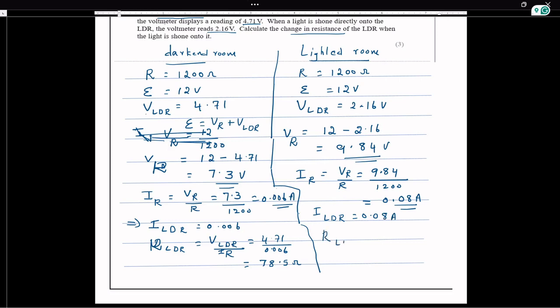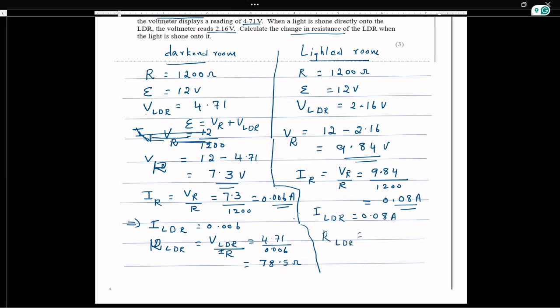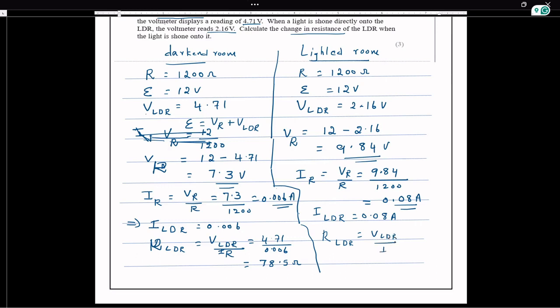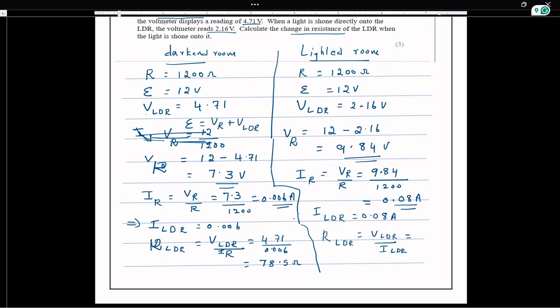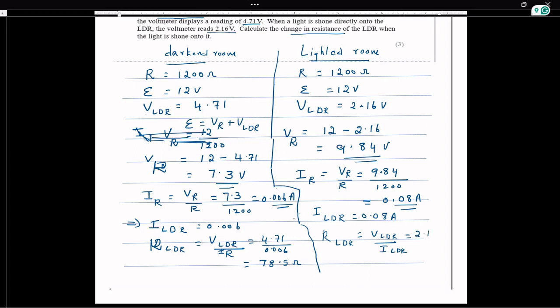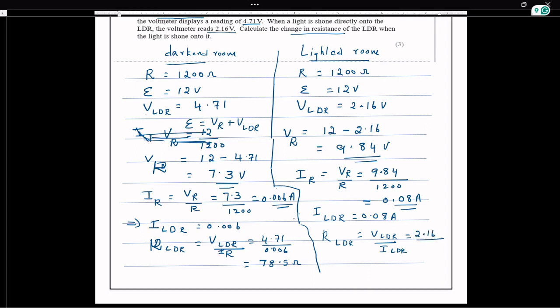Therefore, the resistance of the LDR is the voltage over the current of the LDR. What is the voltage? 2.16 over the current, 0.08. So the resistance value we are getting here is 27 ohms.